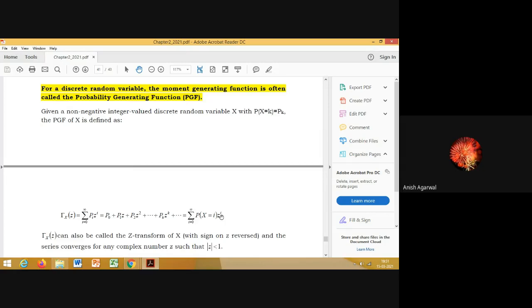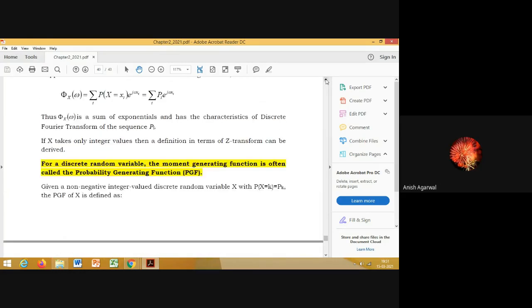Why are we doing z to the power i instead of z suffix i? Why should it be a suffix? It's to the power. We replace e to the power j omega xi as z, right?